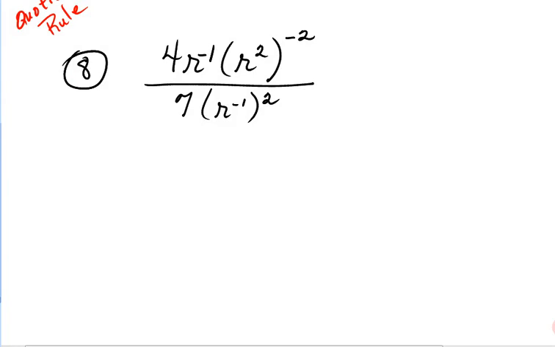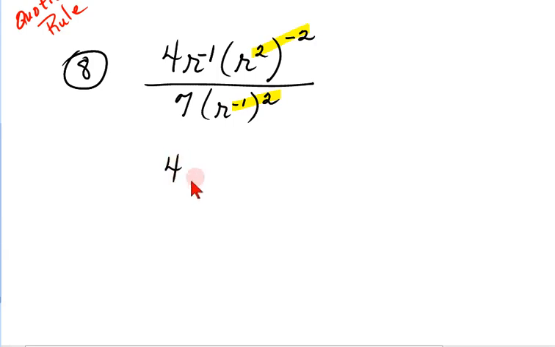So, which rule do I recommend that you use first? Power. Do you have any need of the power rule? My answer would be yes right here and yes right here. Both of those indicate the power rule.